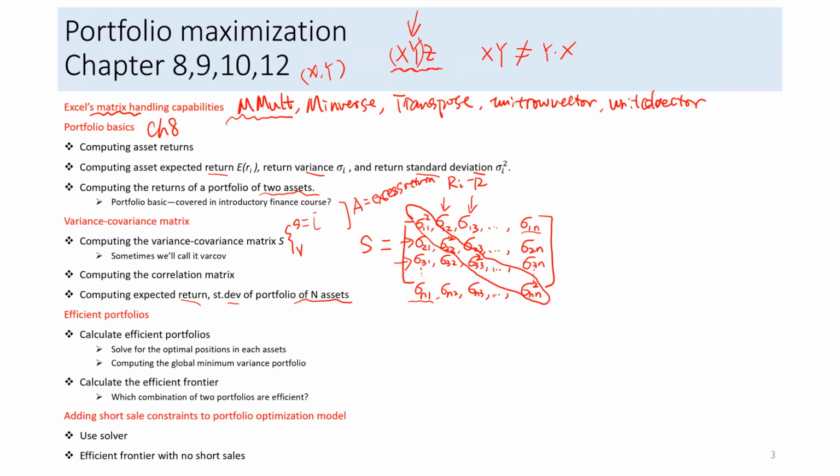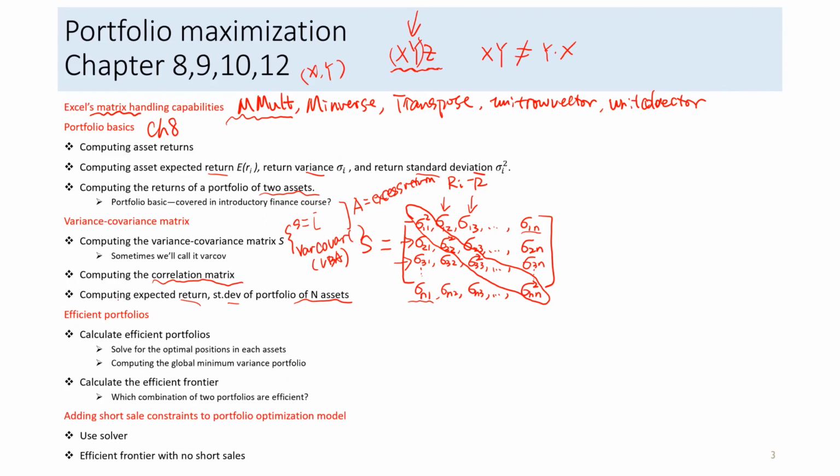Method 2 uses variance covariance VBA code. So there are two methods here. And similarly for the correlation matrix, we can also use a VBA or user-defined function to calculate it. The input for this is just the returns of however many assets you are considering. And then we move on.